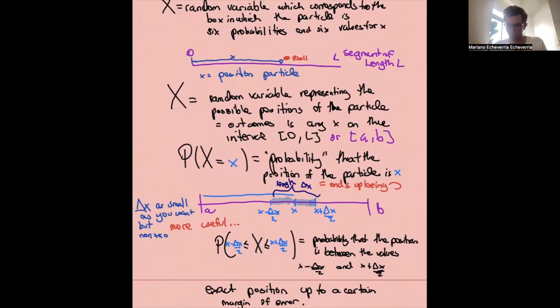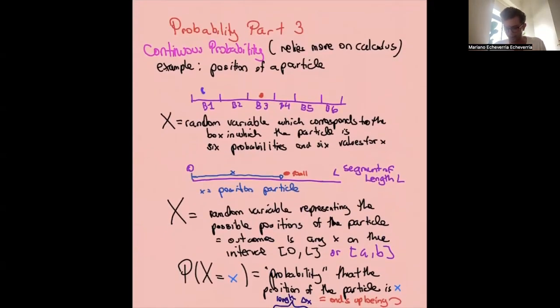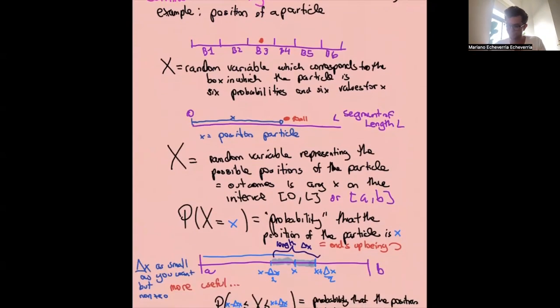But now, as opposed to before, where you only cared about whether the particle was in a specific box, of which there were a finite number, now in the continuous situation you care about the probability of the particle being somewhere on a given interval.